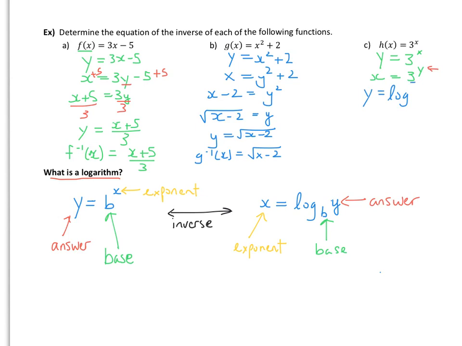The base was 3, so I'm going to have a subscript 3. And my answer was the x. So that means my inverse function of h of x is equal to the log of x with a base of 3, or log base 3 of x.